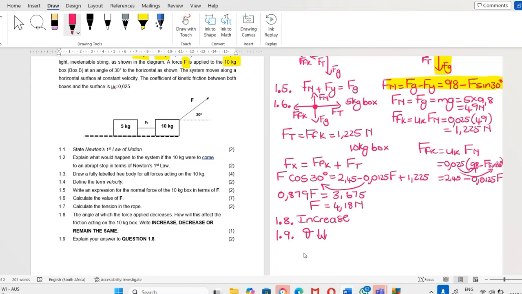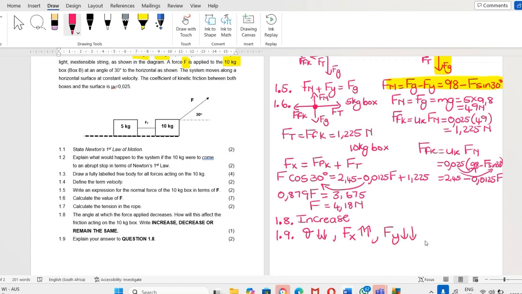Basically, the contact between the ground and the 10 kg box increases, which causes the frictional force to increase. So when theta decreases, then we know that Fx should increase, but Fy should decrease.